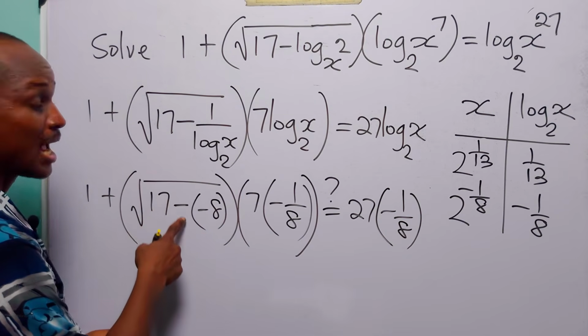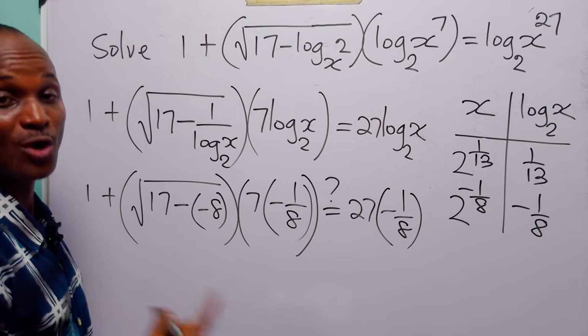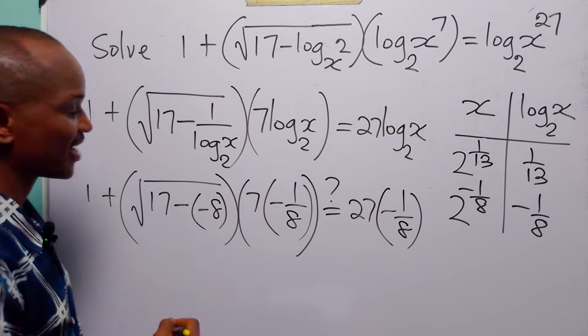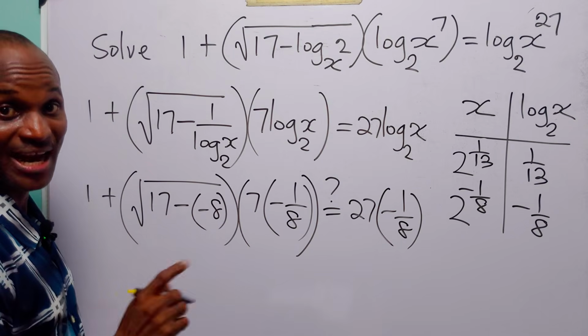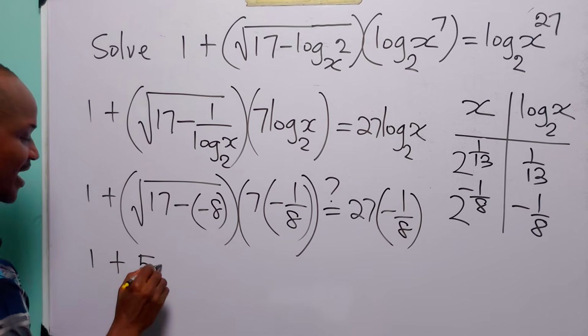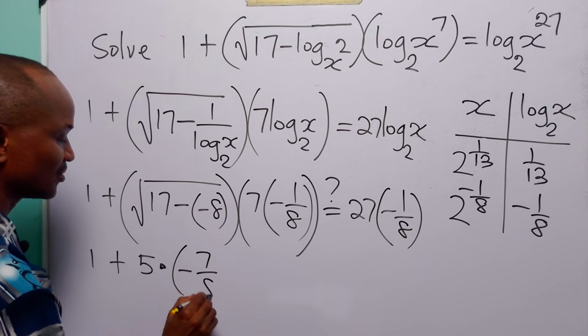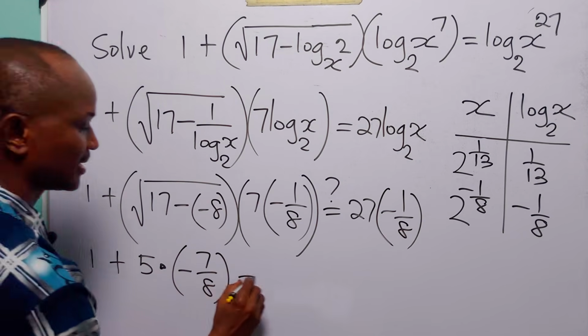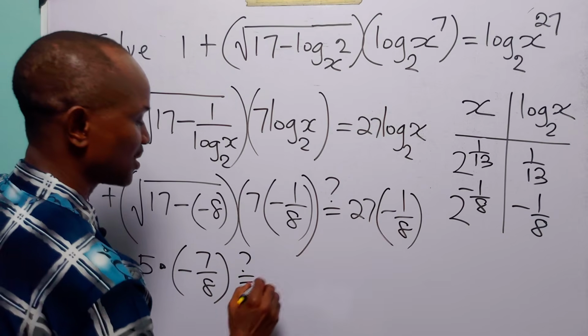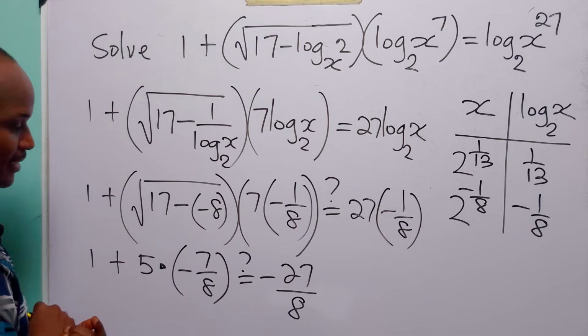Now, 17 minus minus 8 is equal to 17 plus 8, which is equal to 25. The square root of 25 is 5. So here we have 1 plus 5 times minus 7 over 8. Now, is this equal to minus 27 over 8?